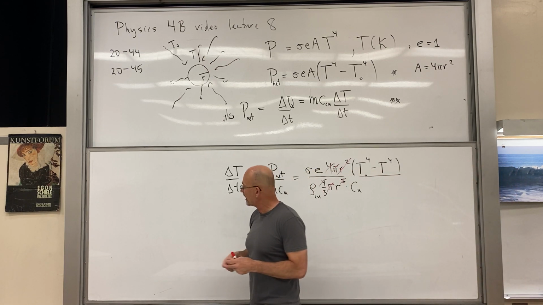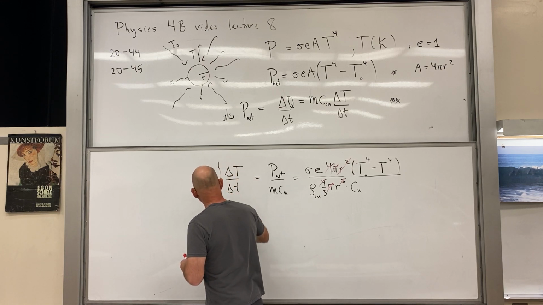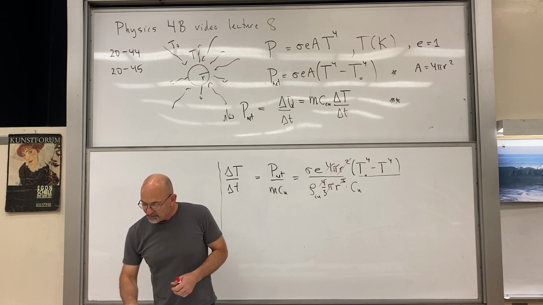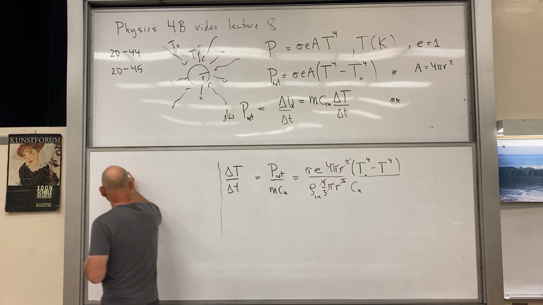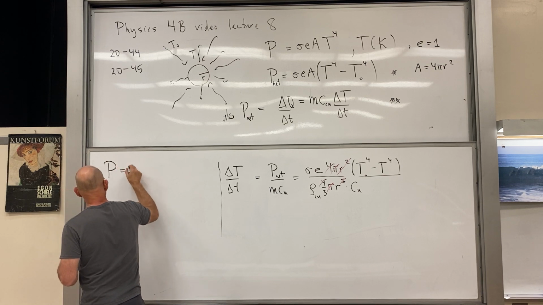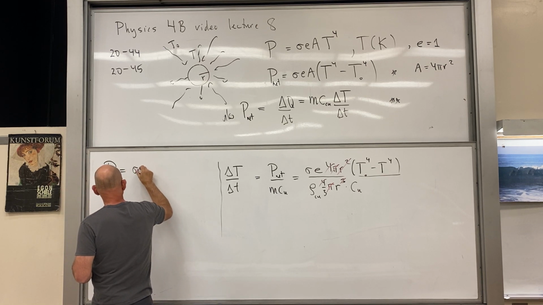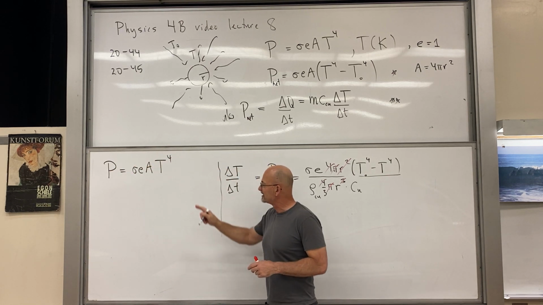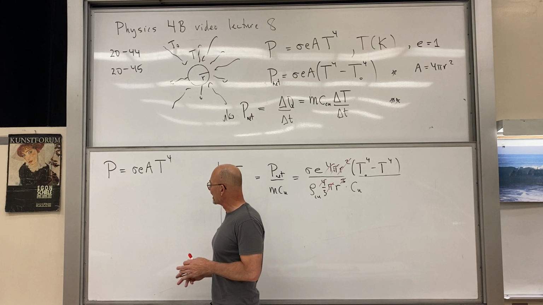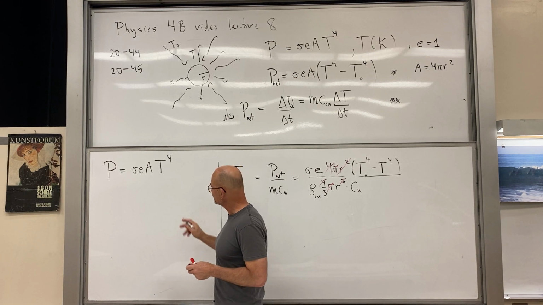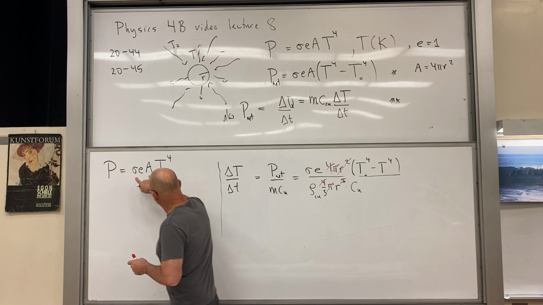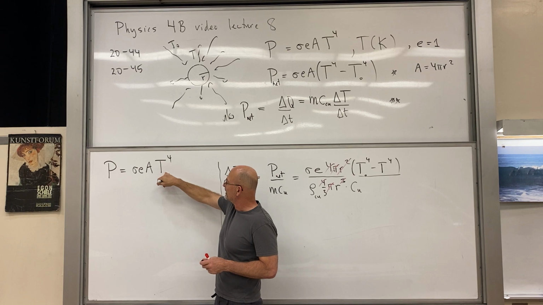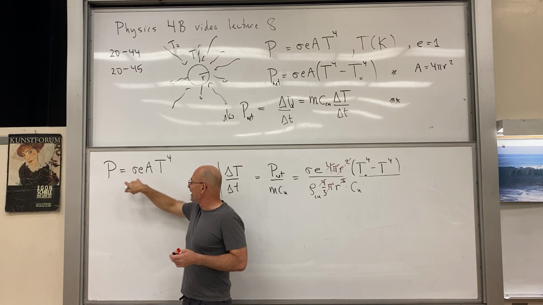The other one, I can actually fit the other one right here on this part of the board. This one, we were thinking of a light bulb radiating. So I'm just going to rewrite sigma E A T to the 4th power. So we have something at a high temperature radiating power. And we're asked about doubling the power. What we can do, since for this we're just going to change the power and change the temperature, either way, these remain constant.